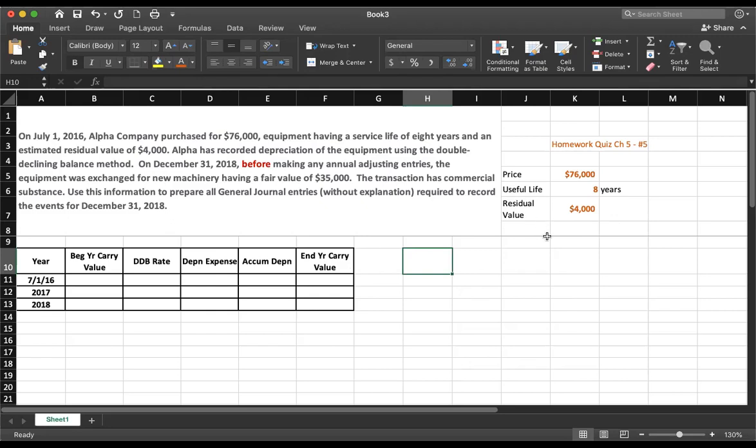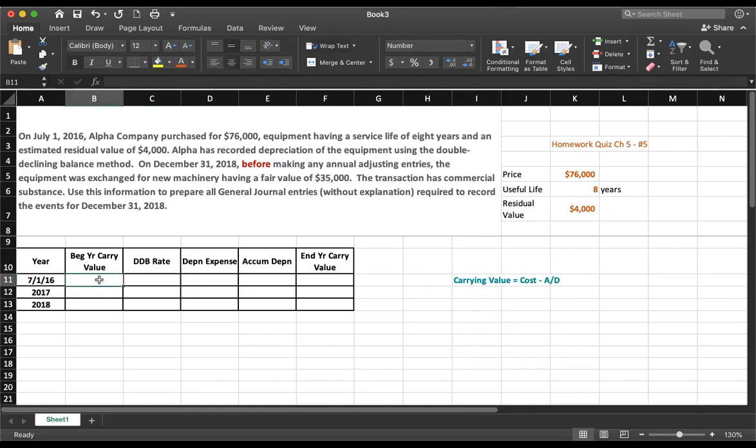The carrying value, that's the value on the books, is equal to the cost minus the accumulated depreciation, and this carrying value cannot go below $4,000.